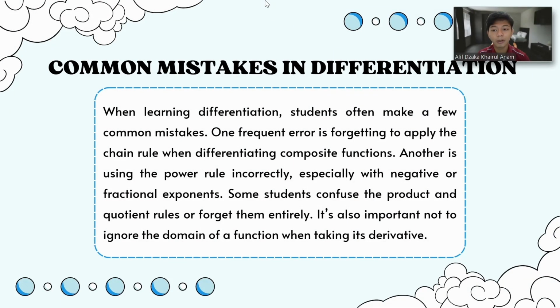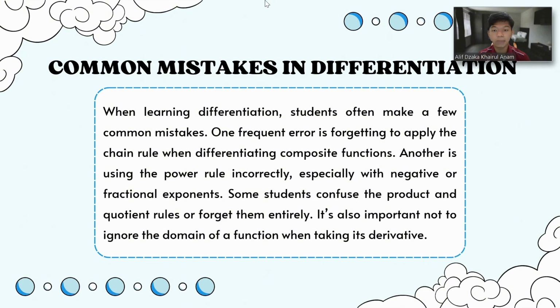In this slide, we have common mistakes in differentiation. When learning differentiation, students often make a few common mistakes. One frequent error is forgetting to apply the chain rule when differentiating composite functions.